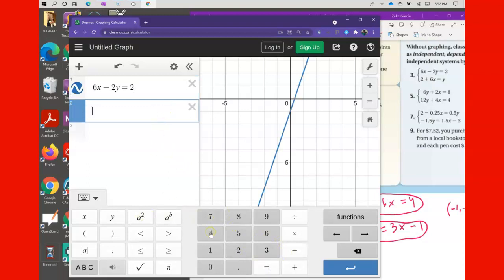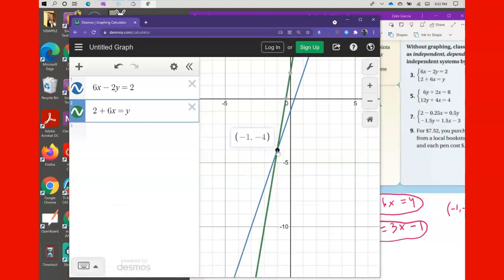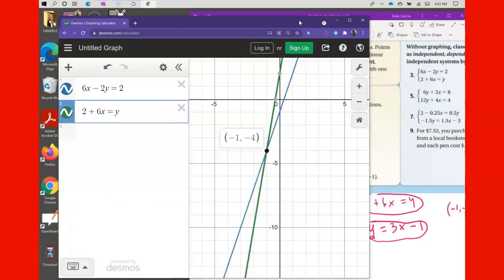And then the second equation was 2 plus 6x equals y. And it does check. Negative 1, negative 4. That's what we had. Okay.